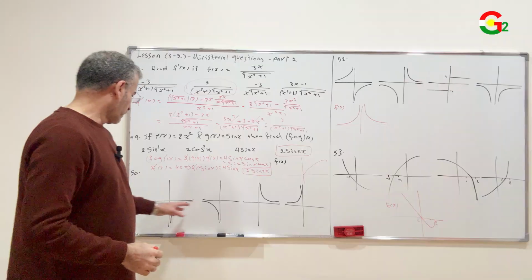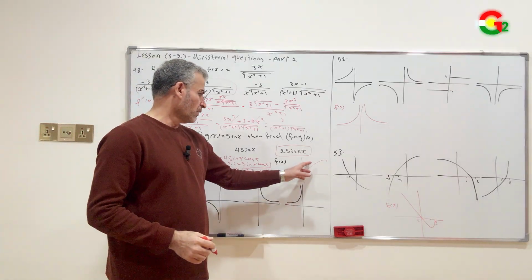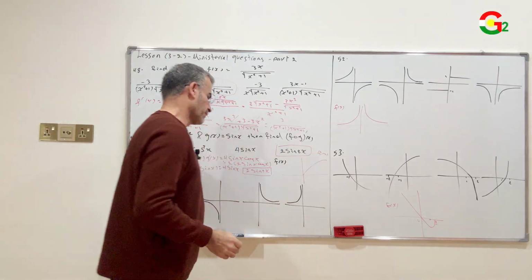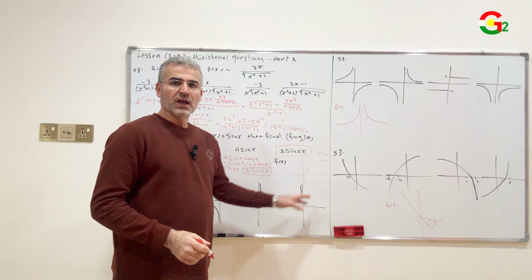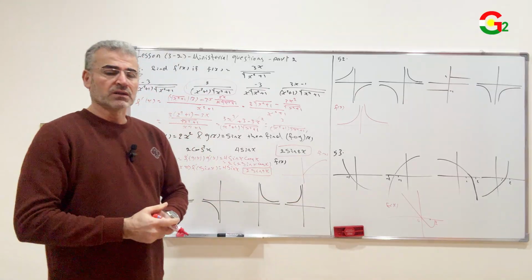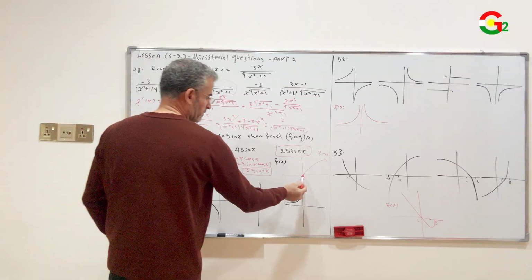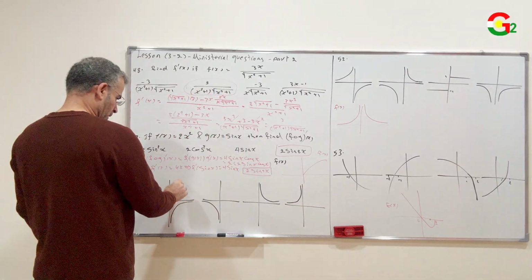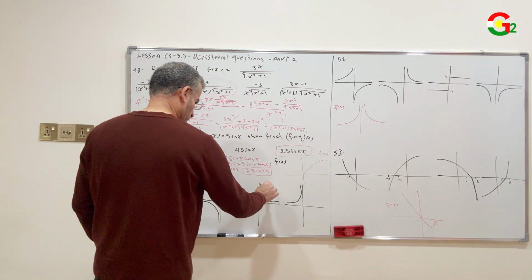Which one of the following is the graph of the derivative of f of x? This is f of x. As you know, the derivative function and its derivative should be drawn in the same domain. Therefore, the domain of this function is from 0 to positive infinity. This may be the right choice, and this may be the right choice.